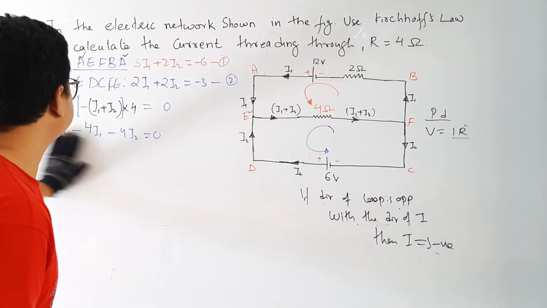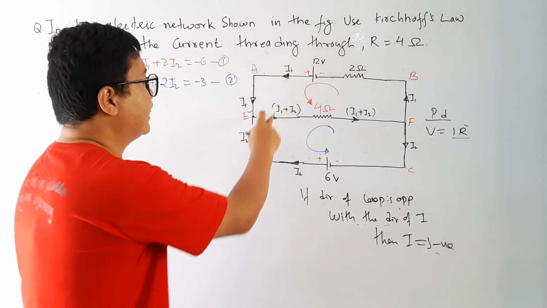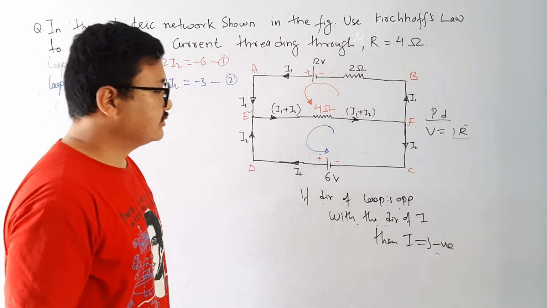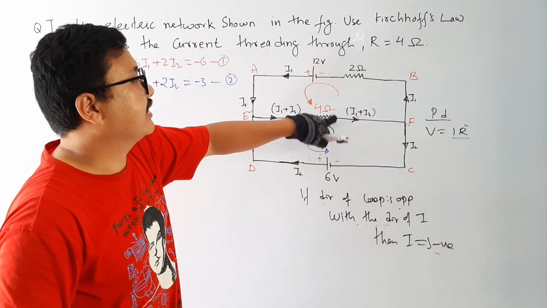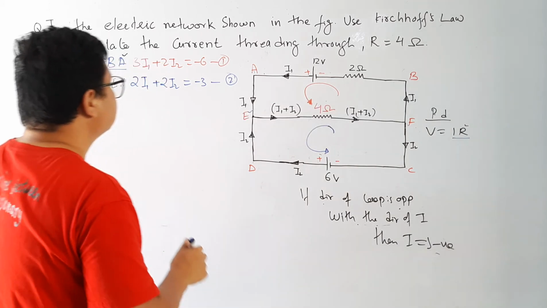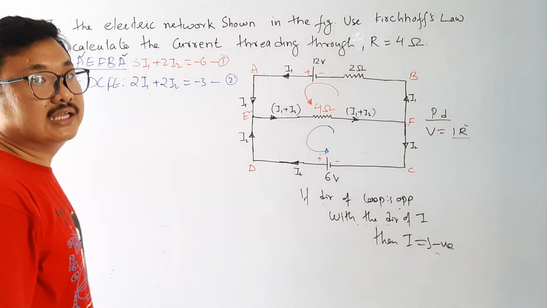So this is done. Now see what I do is, I have to find the value of I1 and I have to find the value of I2. If I find I1 and I2, I will add them and I will get the current through R4. So here is 2I2 and 2I2, which can be eliminated.